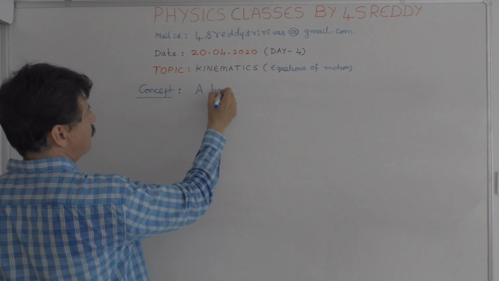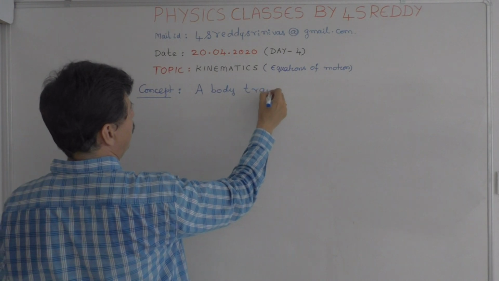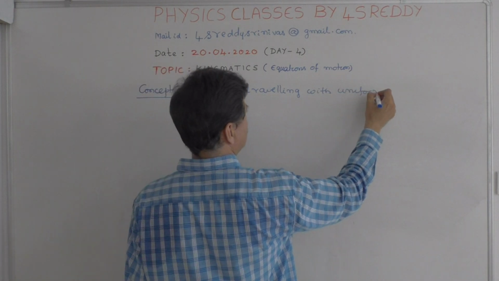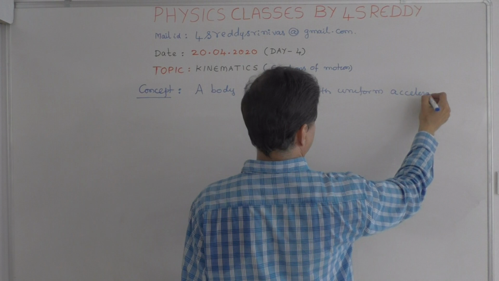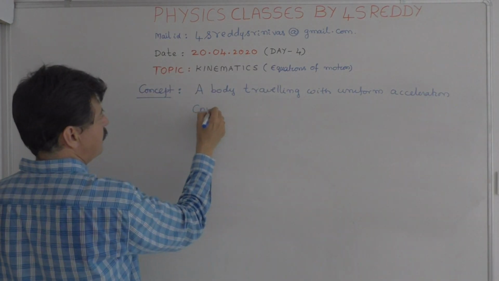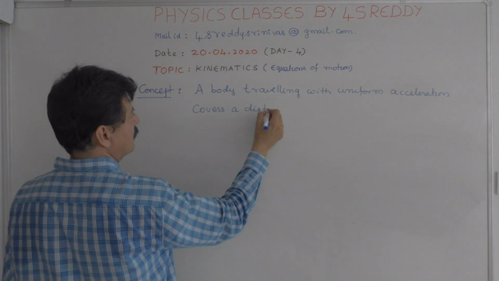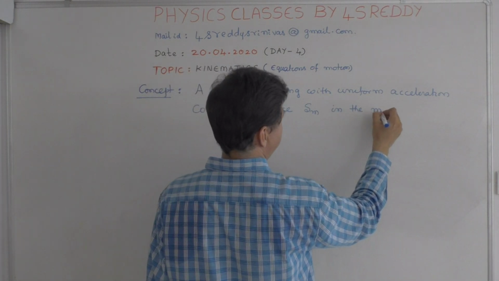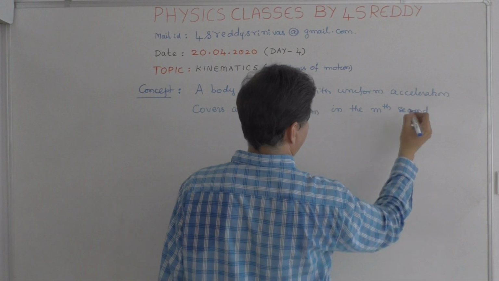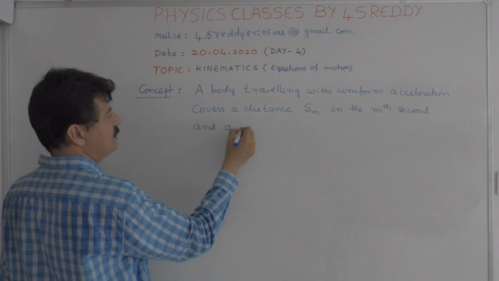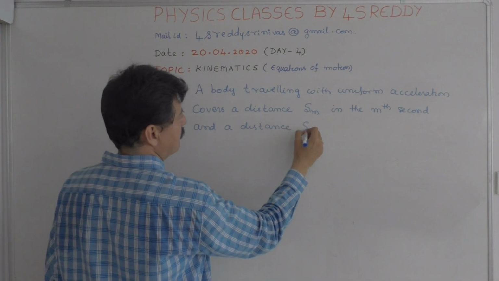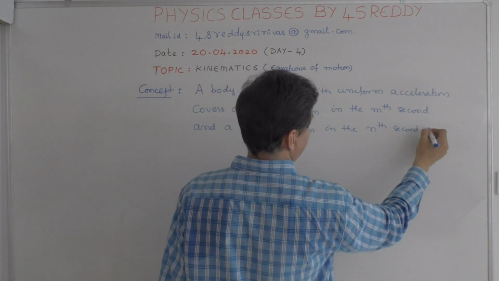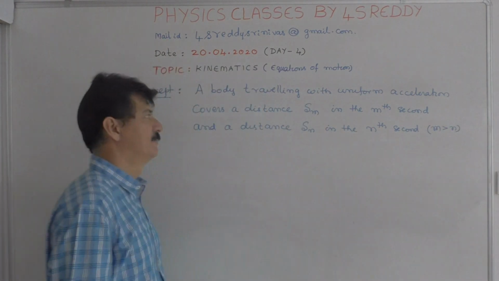A body traveling with uniform acceleration covers a distance Sm in the mth second, and a distance Sn in the nth second, assuming that m is greater than n.